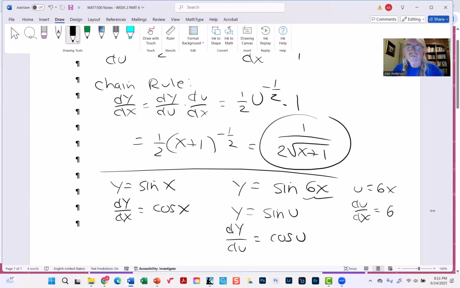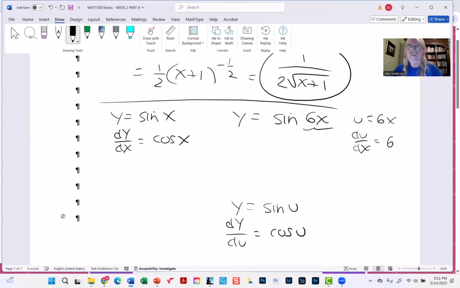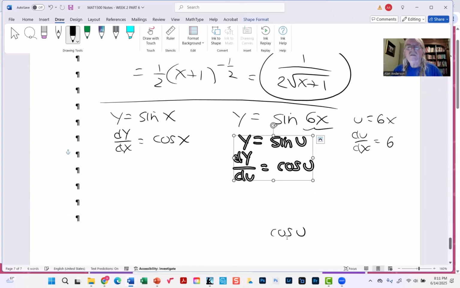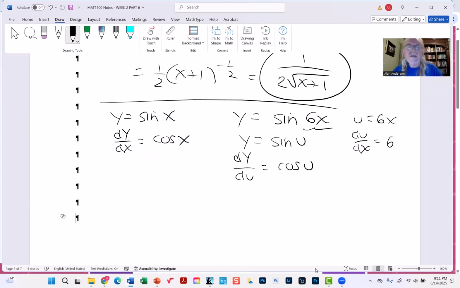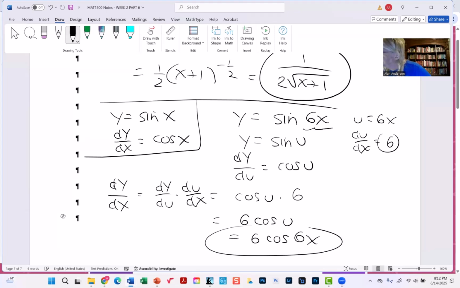All right, so the chain rule tells us that the derivative dy dx is dy du times du dx, which means cosine u times 6, cosine u, 6 cosine 6x.